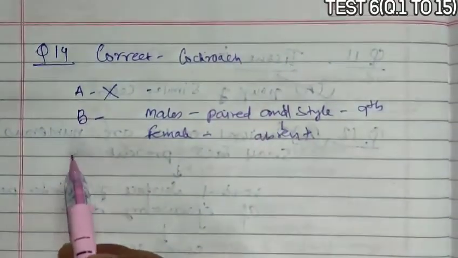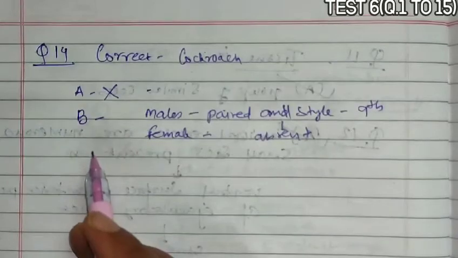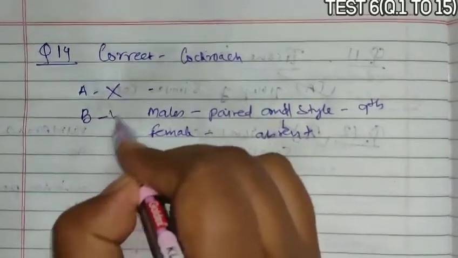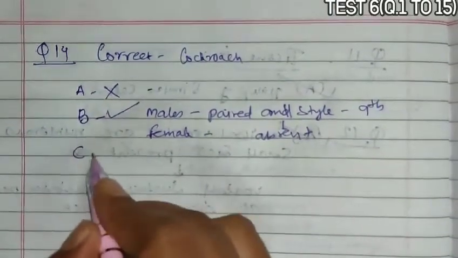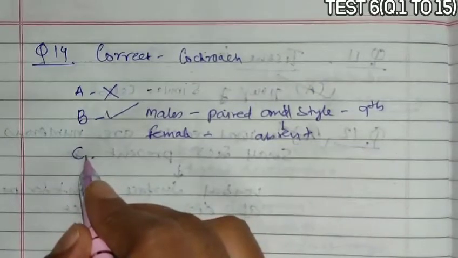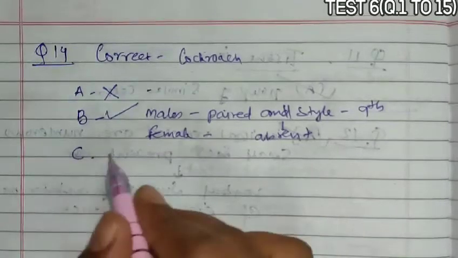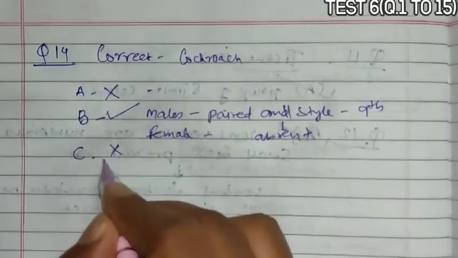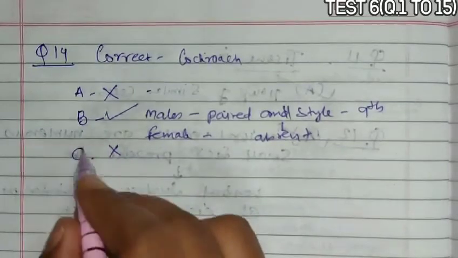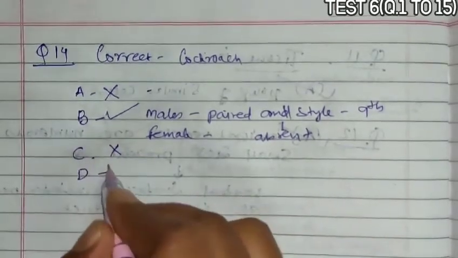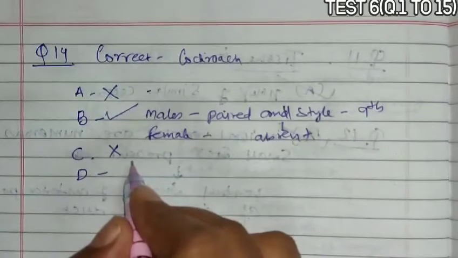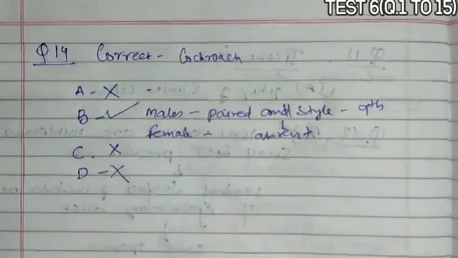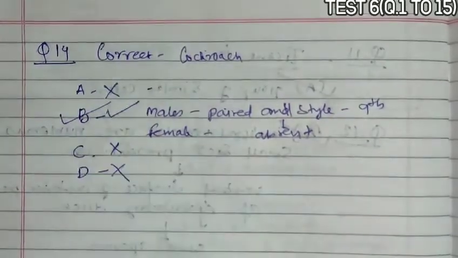Now statement is male bear short anal style and not present in female, so it is a correct statement. Statement C is given as nervous system comprises the dorsal nerve cord and 10 pairs of ganglia, that is not the correct description of the nervous system, so that is an incorrect statement. And option D, the forewings are tegmina which are used in flight. So that is also incorrect statement. So question 14, option B is the correct answer.